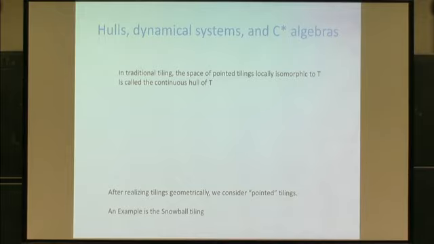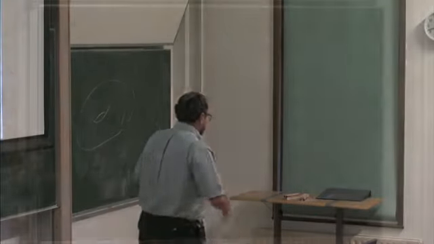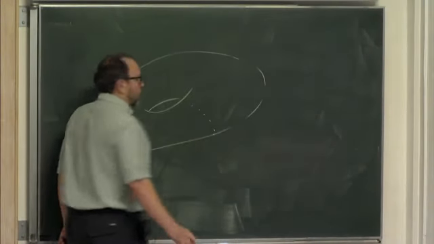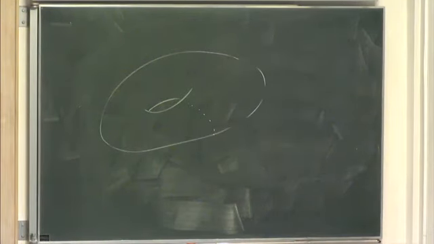hull of the tiling. Let's think of something suitably abstract in your mind, but I have this sort of hull of the tiling, and they have a cross section, a Cantor set sort of cross section, to represent the equivalence classes of all the combinatorics.